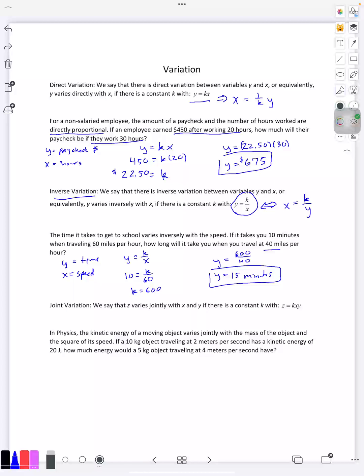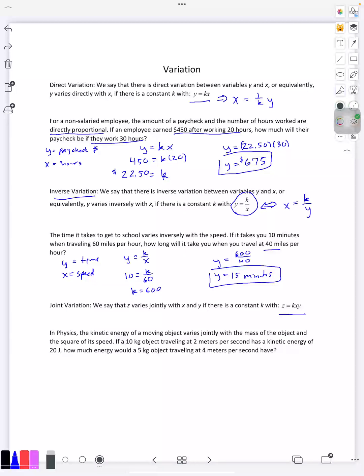For the final type of variation that we're going to talk about, something called joint variation. This is when you have more than one variable that are all connected to an output variable. So in this case, you are not going to have just x and y, we're going to have x, y, and z. And z is going to be my output, whereas x and y are my inputs.